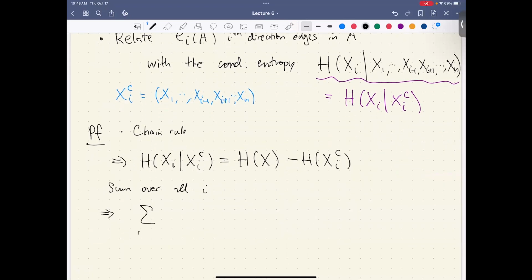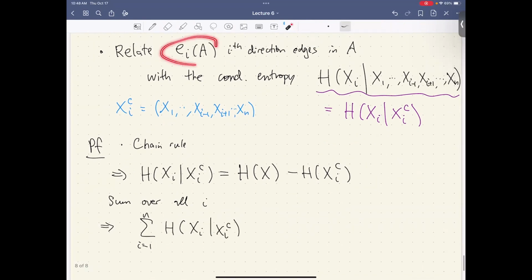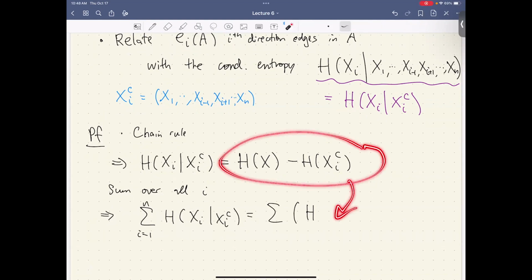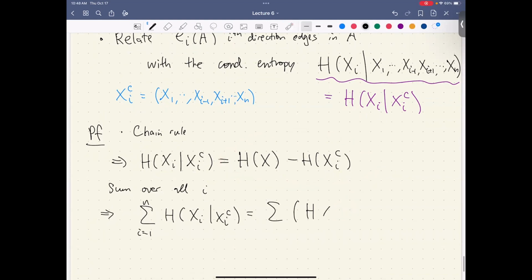The summation of i from 1 to n of H(xi | xi^c), this conditional entropy, which will relate to the ith direction edges, but that's for later, is the sum of, this is what we get from the chain rule, H(X) minus H(xi^c), i from 1 to n.